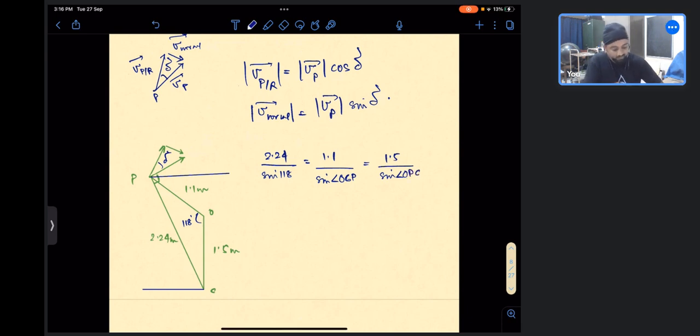From here, angle OCP comes out to be 25.69 degrees, and angle OPC, we can simply add 118 and subtract it from 180, so we get 36.30 degrees. So this angle is 36.